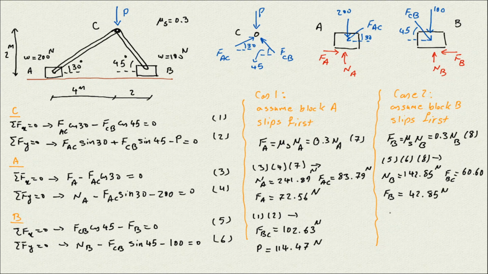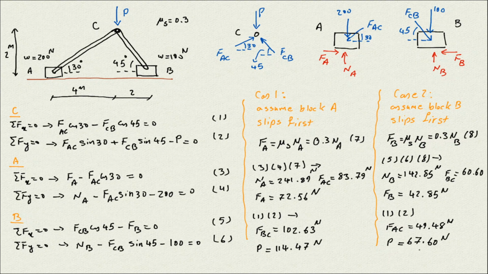And then if we use equations 1 and 2, this time we will get FAC as 49.48 Newton, and P, which is the one we are looking at, is 67.60 Newton.